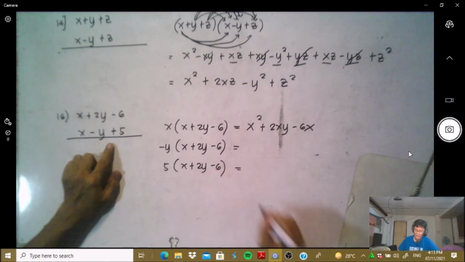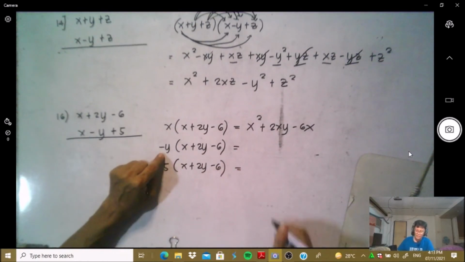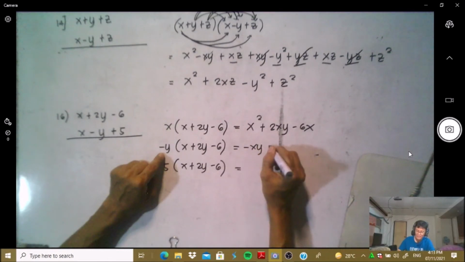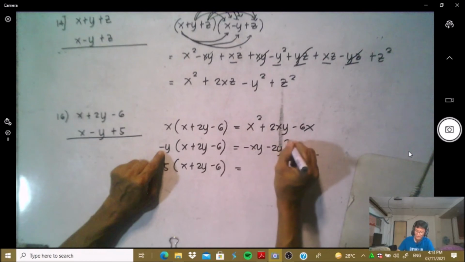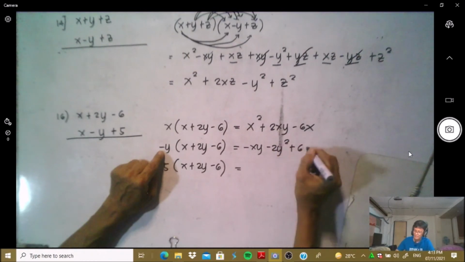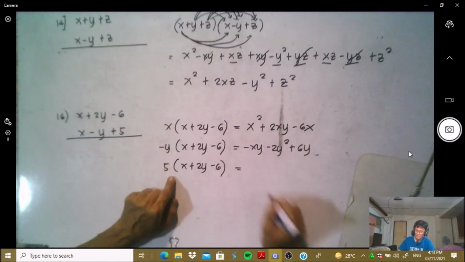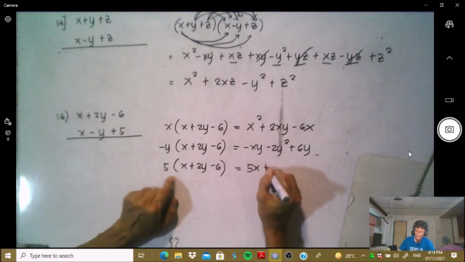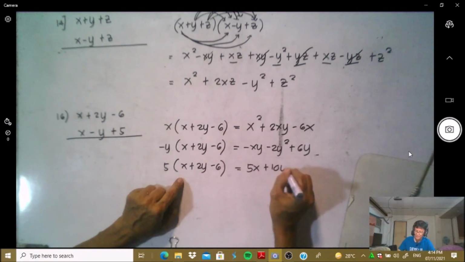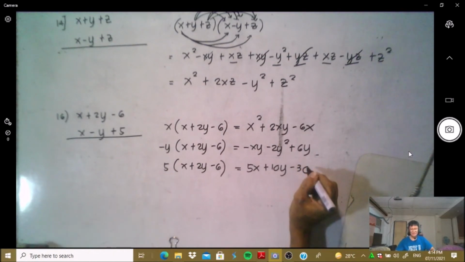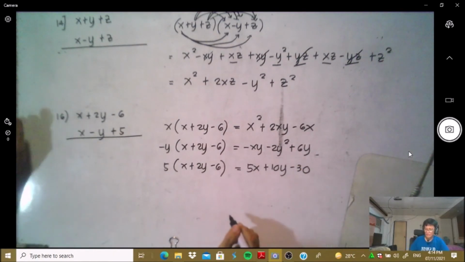Then let's expand. Negative y times x is negative xy. Then negative y times 2y is equal to negative 2y squared. Then negative y times negative 6 is equal to positive 6y. Here we have 5 times x is 5x. Then plus 5 times 2y is 10y. Then 5 times negative 6, negative 30. Okay, so then let's add in the correct column.